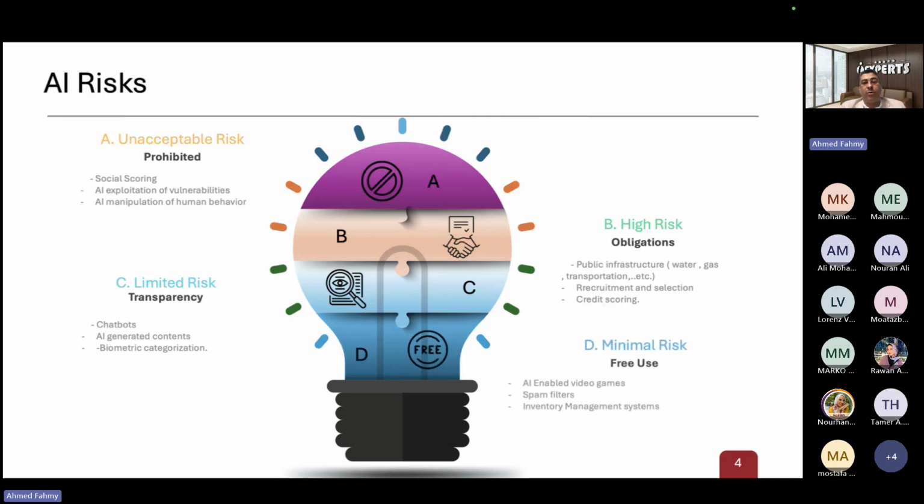There are different principles that need to be followed and implemented within these AI solutions. The last one is what we call minimal risk solutions. Those are solutions that come with a very minimal impact on humans and society, like for instance AI-based gaming, and spam filters for your email systems, and so on. If there is an AI solution to count and manage the inventory systems within your organization, all of these different AI solutions are considered minimal risk, and it is free to use.